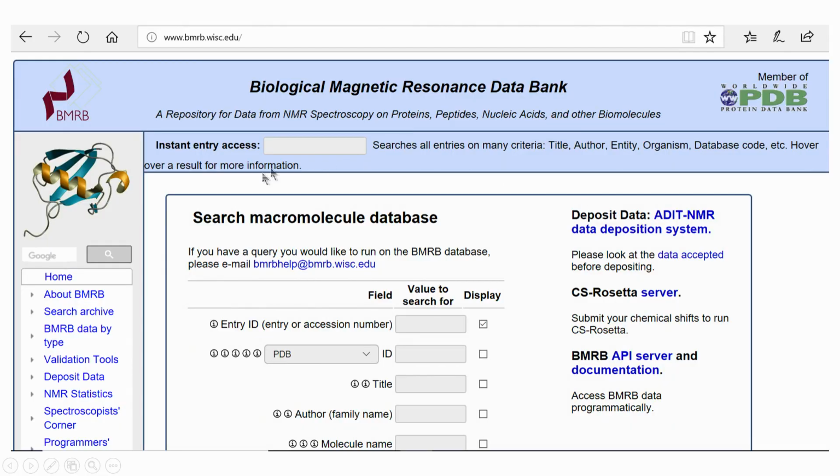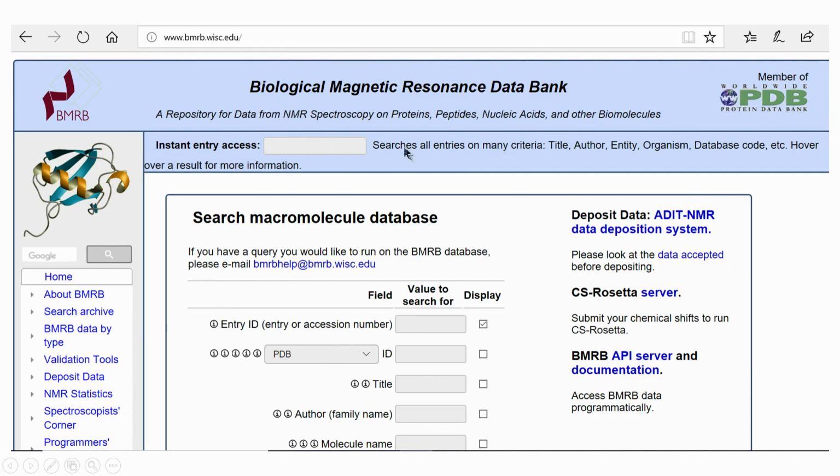Now there is another database one has to be aware of, and this concerns only NMR data. This is called the BioMagResBank, BMRB for short. BMRB can be visited using this link or URL, and it is a very important database for the NMR community. And of course it is linked to PDB as well, as shown here.